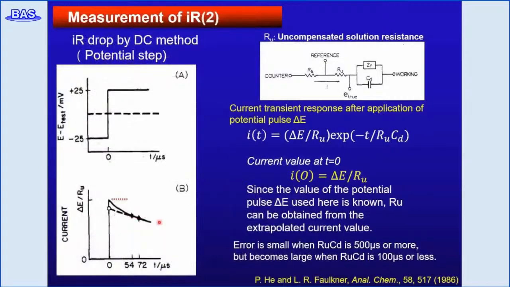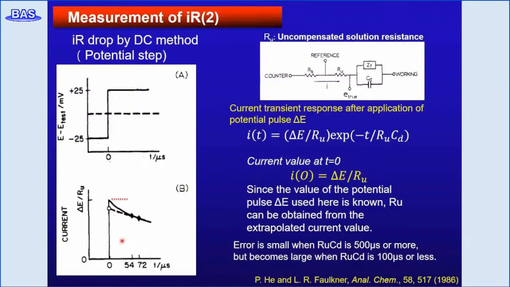The potential step technique for determining the IR drop is particularly suited to the situation where it is difficult to pass a large current as required by the current interrupt technique. The potential is kept at equilibrium, so little to no current flows, followed by a potential step, resulting in a spike in the current which decays over time.